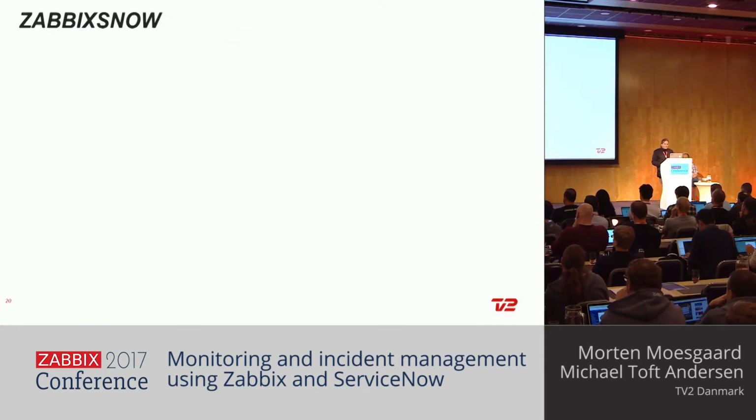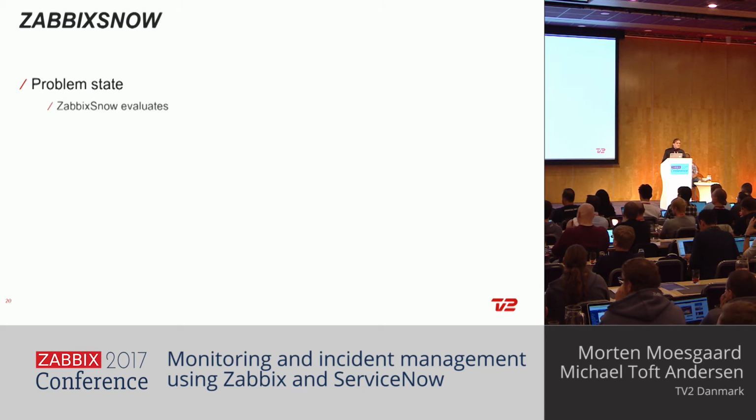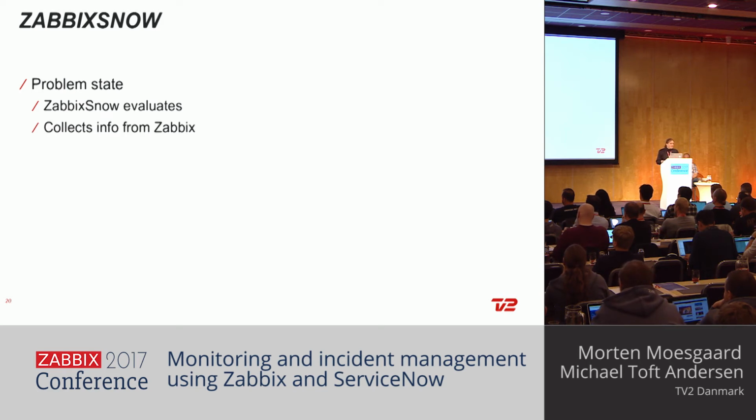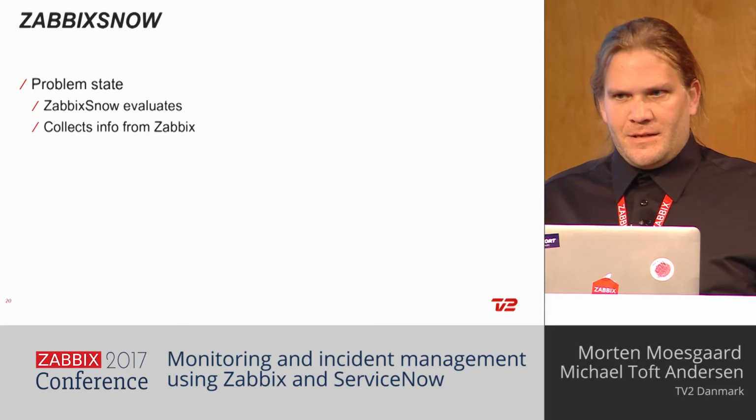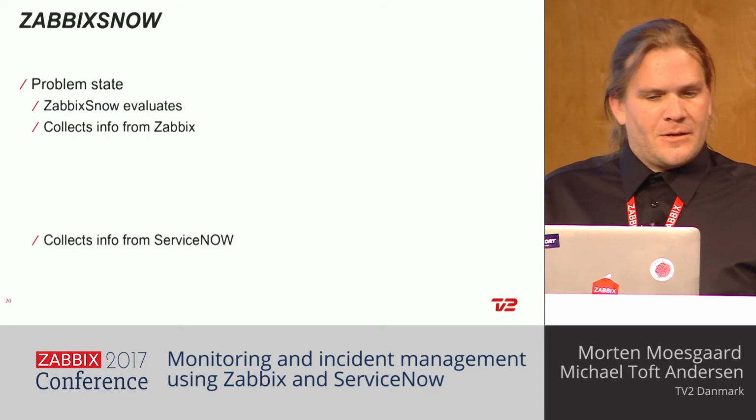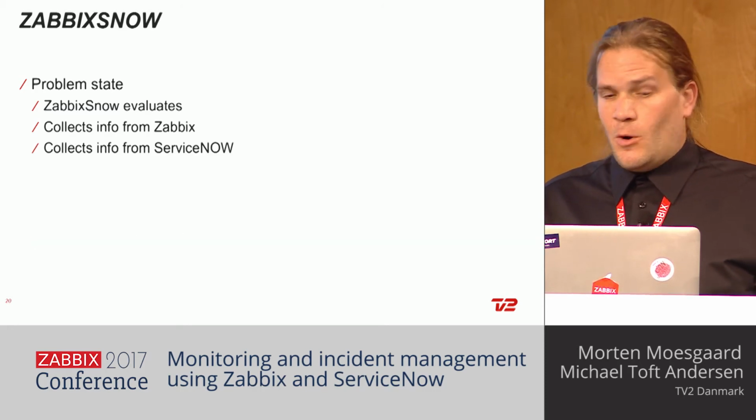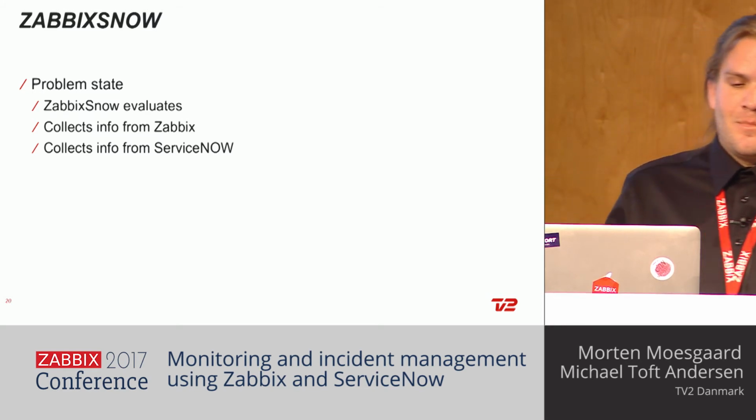So, when ServiceNow gets the problem state, it evaluates if it's legal, and it does it by collecting information from Zabbix via the API, and it collects info from ServiceNow, also done via the REST API.